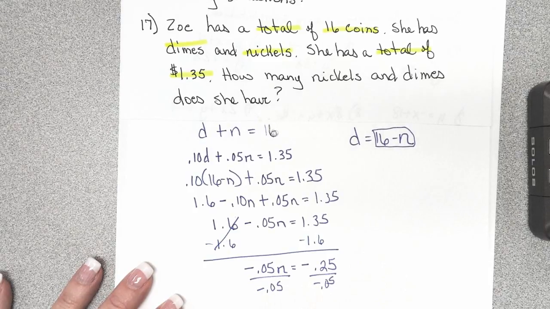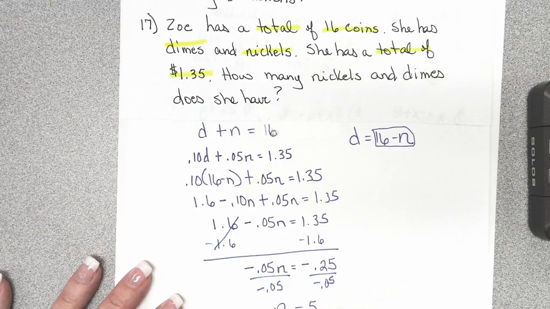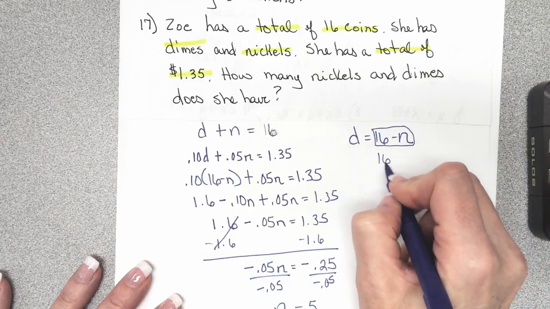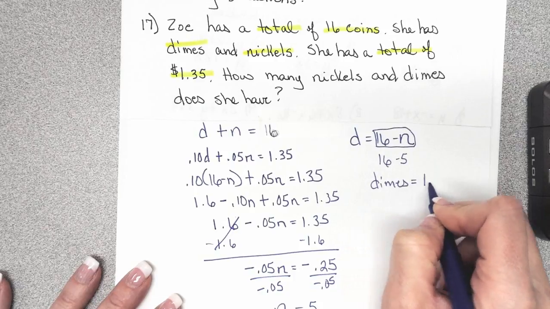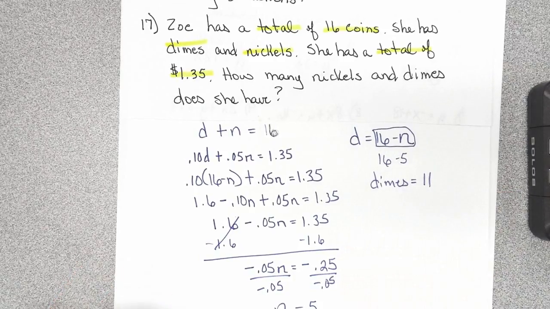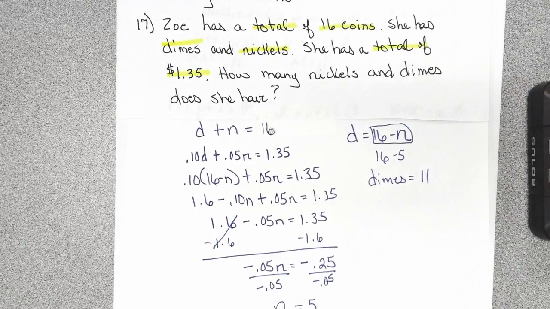And we know two negatives are going to give us a positive. So we're doing 0.25 divided by 0.05, and we get N is 5. So we have 5 nickels. And to find dimes, we said 16 minus 5. So dimes equals 11. Okay, you've got to be able to solve those.